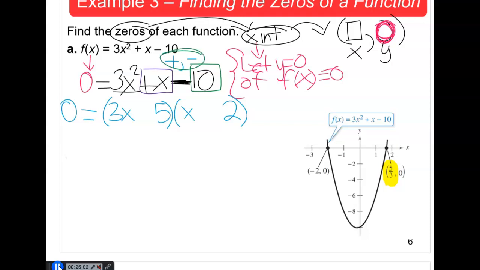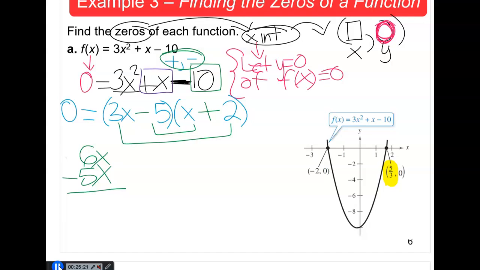It's going to be negative here and positive here. So if we try 3x times positive 2 is positive 6x. Negative 5 times x is negative 5x. So 6x minus 5x is positive 1x. And that's exactly what we were looking for.